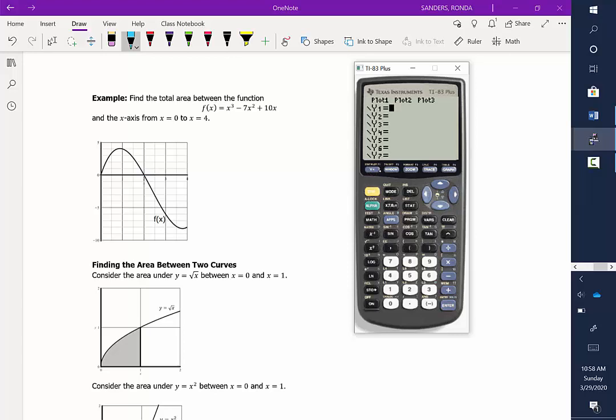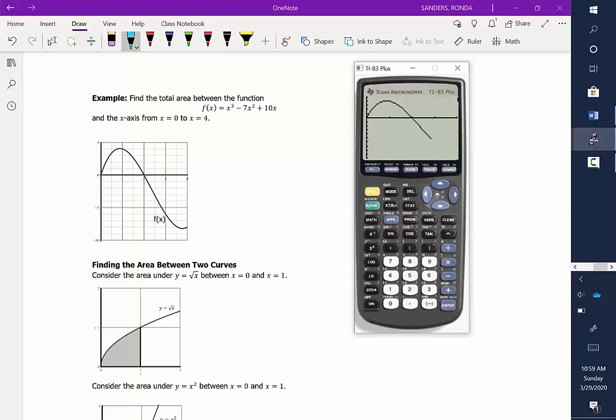If we go to y equals, I have x raised to the third minus 7x squared plus 10x. I can adjust the window so that x goes from 0 to 4 and y goes between negative 10 and 5.